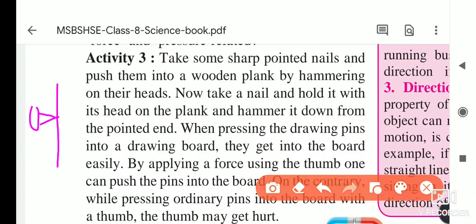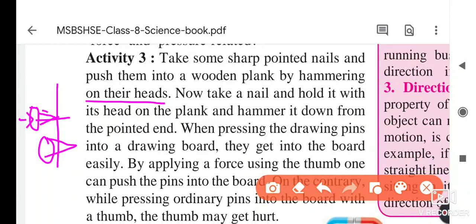If we want to push it in, we have to hammer it, so we are applying pressure from this side of the nail. The pointed end slowly enters the plank, and after some time it is fixed inside that plank. Now take the nail, hold it with the head on the plank, and hammer down the pointed end.